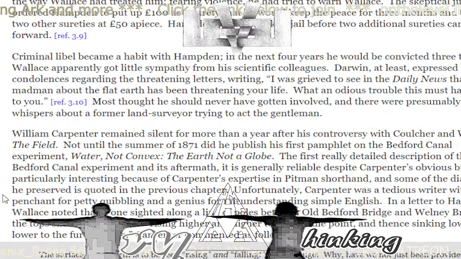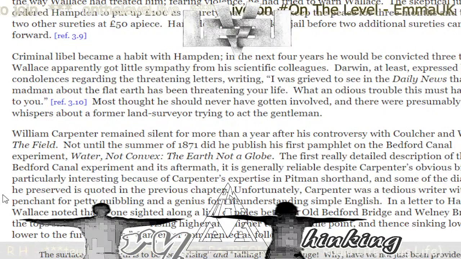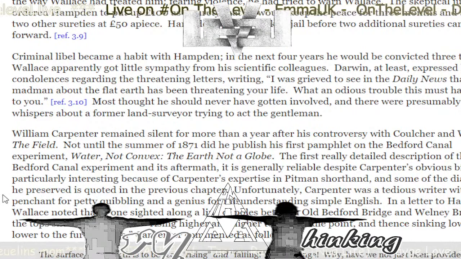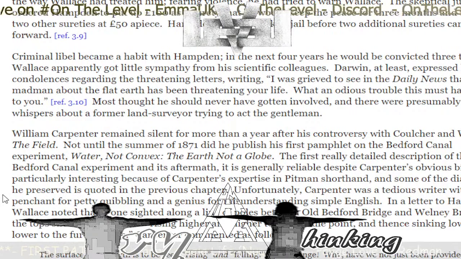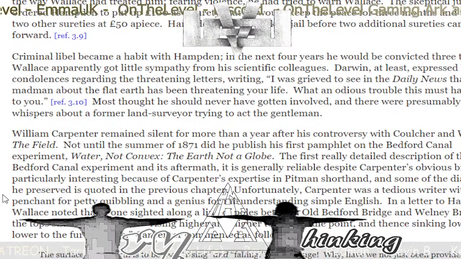The first really detailed description of the Bedford Canal experiment and its aftermath is generally reliable despite Carpenter's obvious bias. It is particularly interesting because of Carpenter's expertise in Pitman's shorthand, and some of the dialogue he preserved is quoted in the previous chapter.